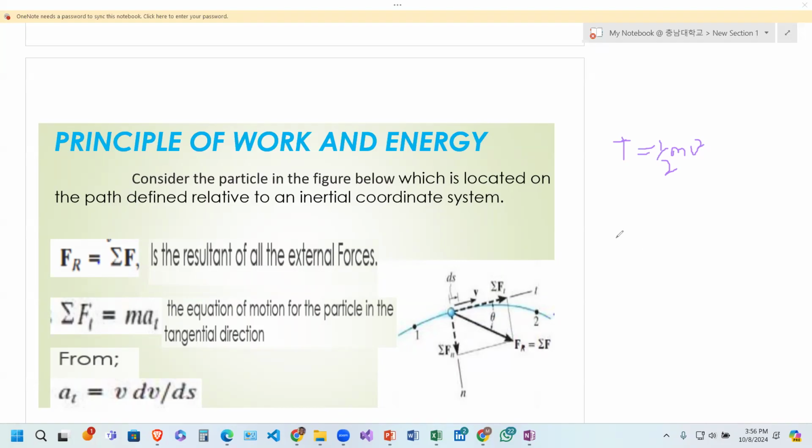So now if you have a particle, let's say it moves from rest, that means the velocity, and so the kinetic energy, is 0. Moreover, if this particle moves from one point to another, that means the particle has done some work. There's a relationship.